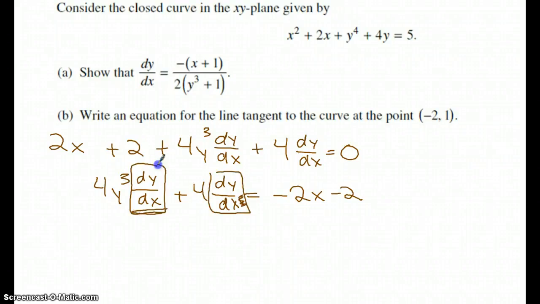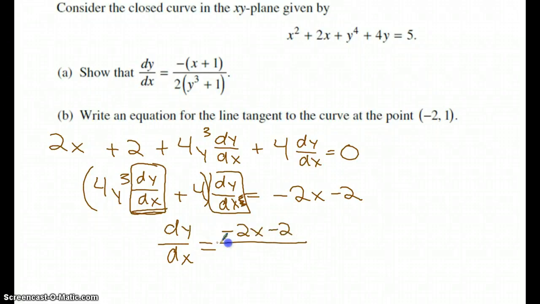So I'm just going to leave that here and then take this and divide it. So I've got dy/dx, and we would want to show those steps in between to get the full points for this, but I'm just going to abbreviate. So we've got negative 2x minus 2 all over 4y cubed plus 4.